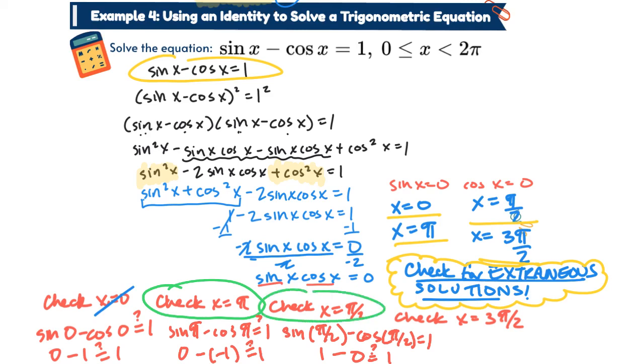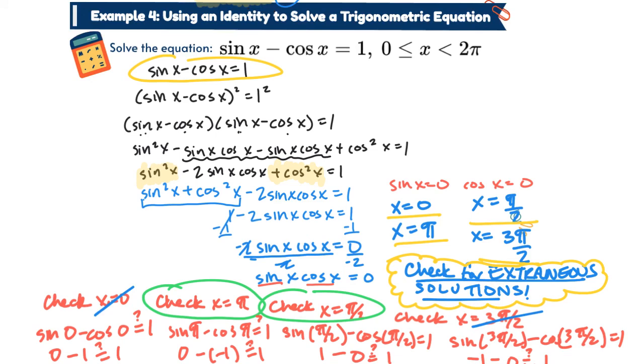And finally, let's check sine 3 pi over 2 minus cosine 3 pi over 2. Sine 3 pi over 2 is negative 1. Cosine 3 pi over 2 is 0. Negative 1 minus 0 is negative 1, which does not equal 1. So this is not a viable solution because this is false.